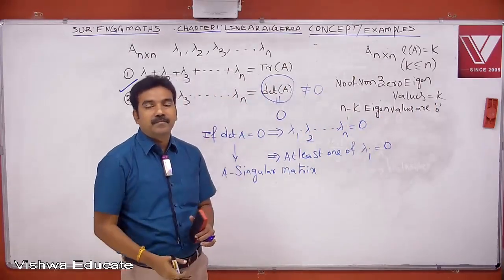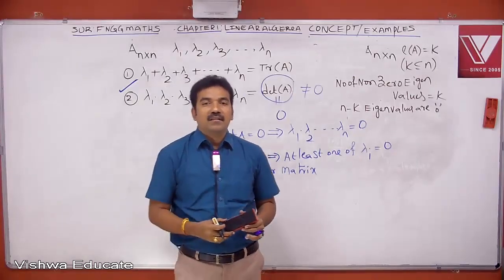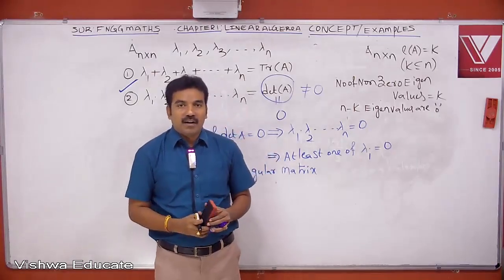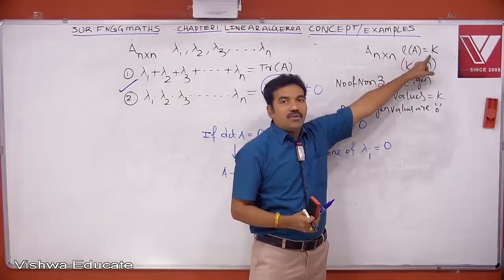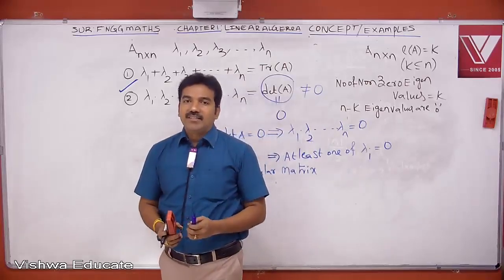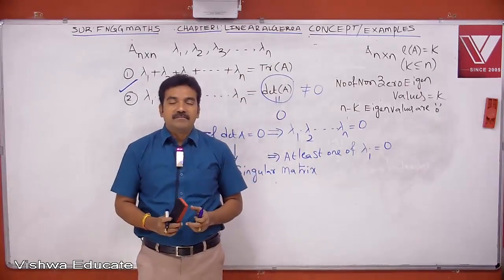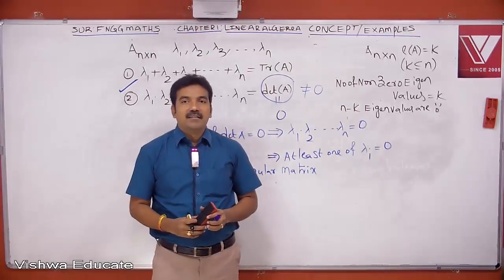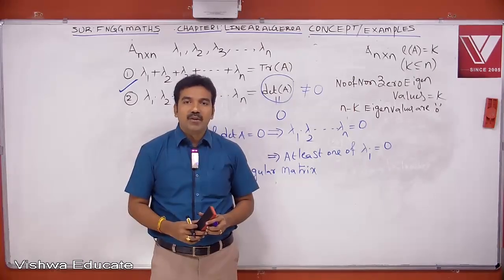Note this point. If A is an n cross n matrix with rank of A equal to k, where k is less than or equal to n, then A has k non-zero eigenvalues.